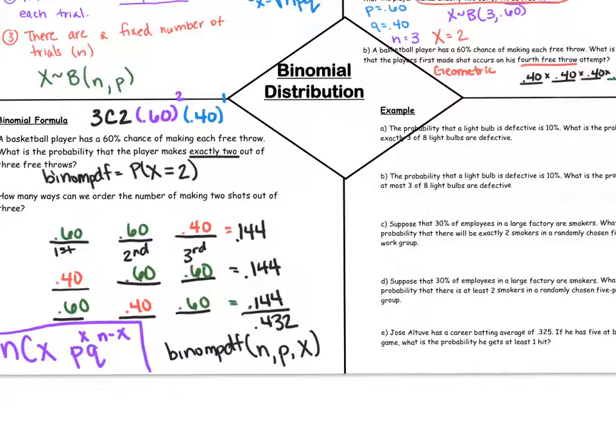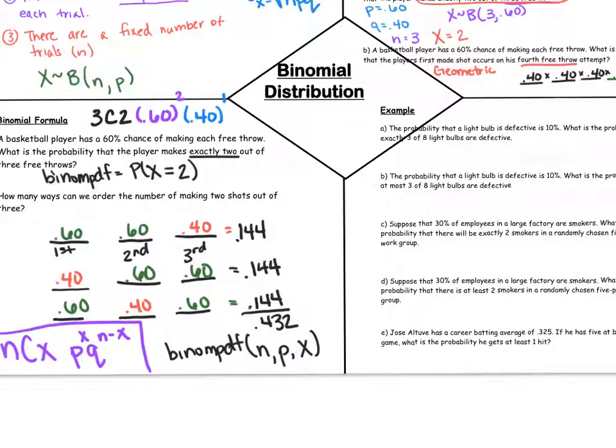And use your comma key. What is the probability of success? What's the probability of success for this problem? 0.6, right? How many successes do I want? 2. Close the parentheses. Press enter.